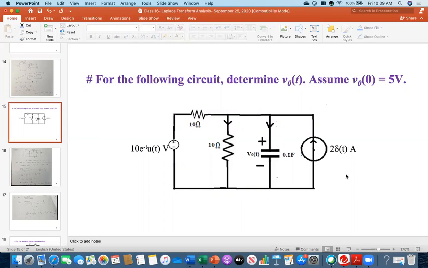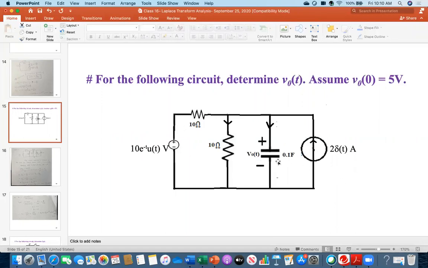But if nothing is specified, if it says solve this problem and does not say time domain or phasor domain, then you can easily apply the Laplace method. I think based on this knowledge, you are able to solve any problem now. As I said, first you have to convert into the Laplace domain.